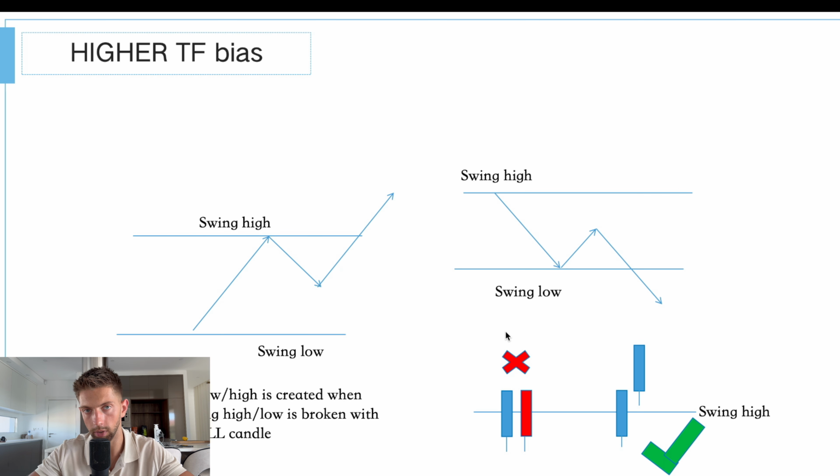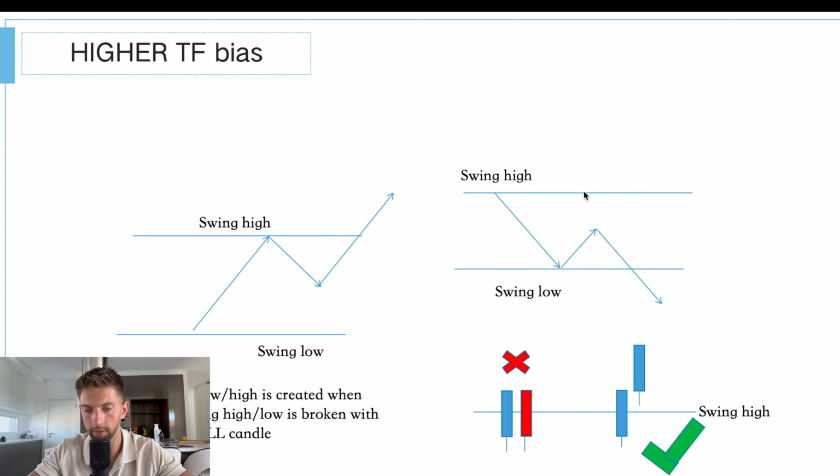What I need to see on that H4 and daily time frame, when price is trending at this swing high, is one candlestick, let's say half, and another following candlestick closing fully with the body above that level, which means that is a new swing high and the break is valid.